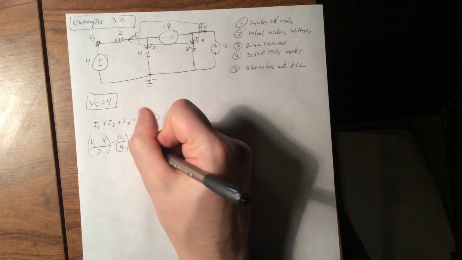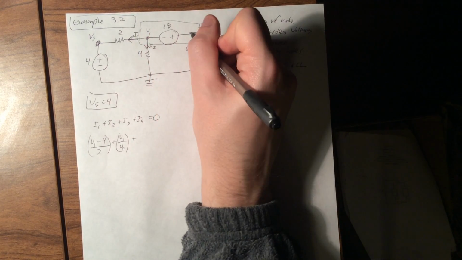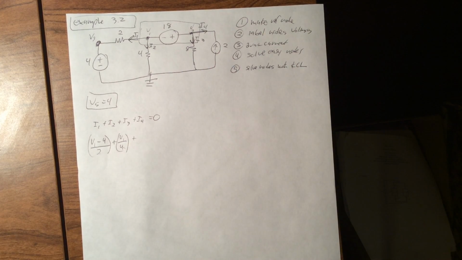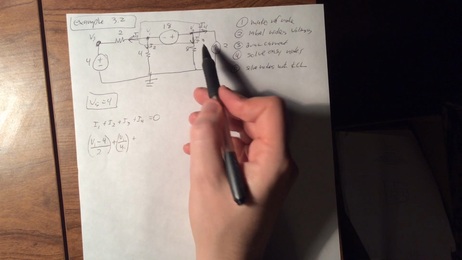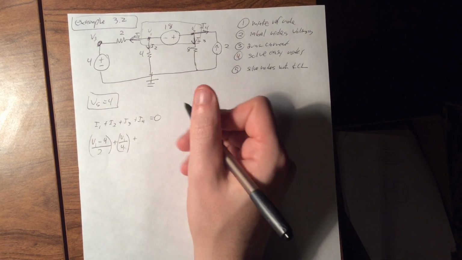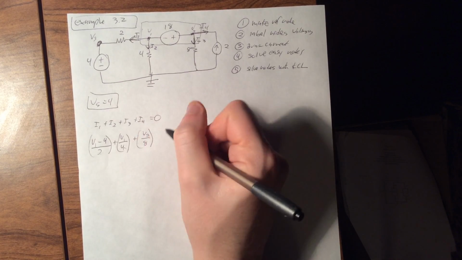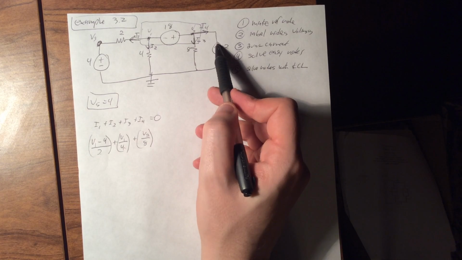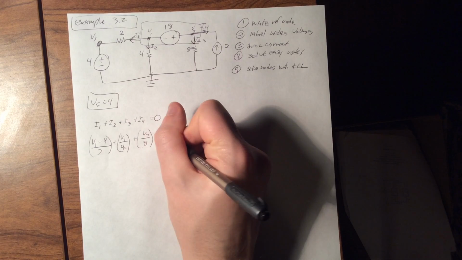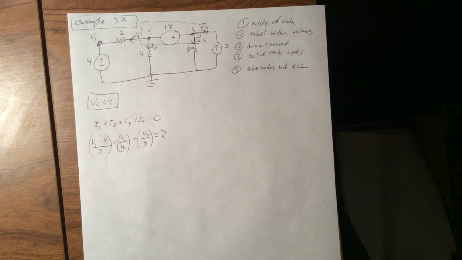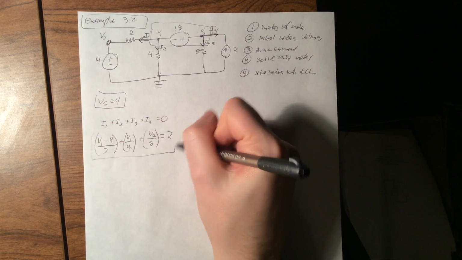Plus, we're going to jump over to V2 here, V2 over 8. Nothing else there. And then the 2 is coming in backwards, so we push it to the other side of the equal sign, and it equals 2. Nice and easy. So this is our first equation.